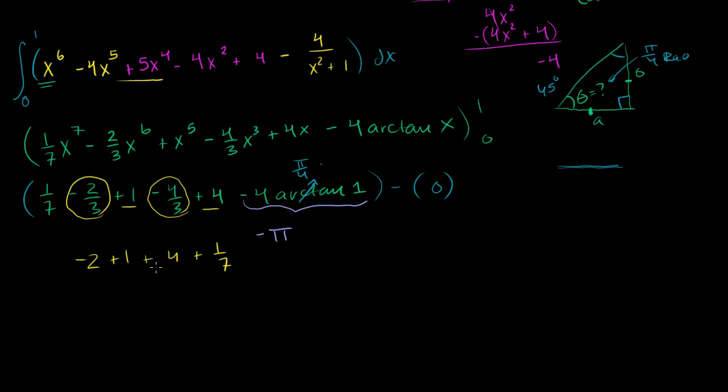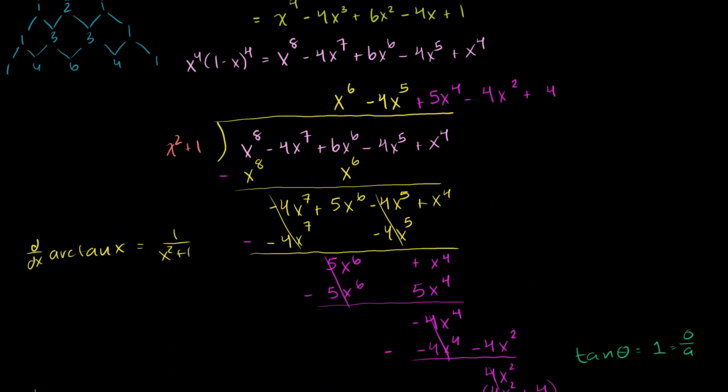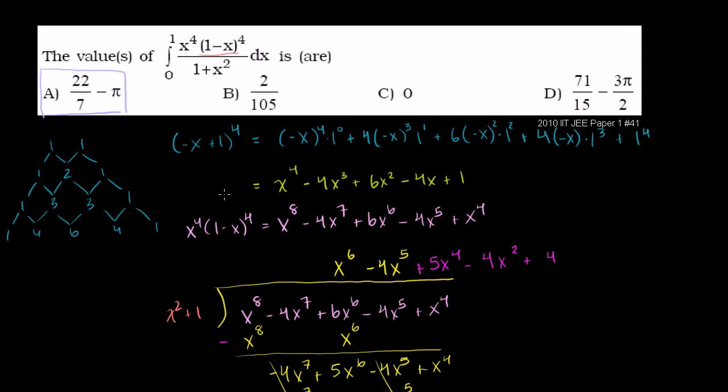So this is 3 plus 1/7. And of course, we have the negative pi out there, minus pi. And this is the same thing as 21 over 7 plus 1/7 minus pi, which is equal to 22 over 7 minus pi. So that is indeed the only answer, 22 over 7 minus pi. And we're done.